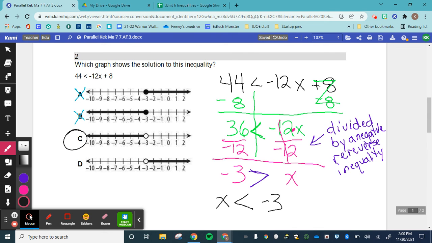What this means is all of my correct solutions for x start at -3, but do not include -3. So -3 is not a correct answer. But then this dark arrow, that is your x's. So any number that would be on this arrow is a correct solution for x, for this inequality.